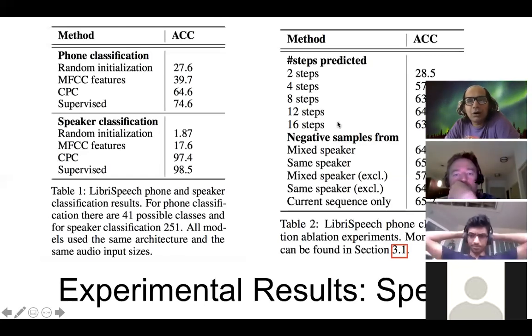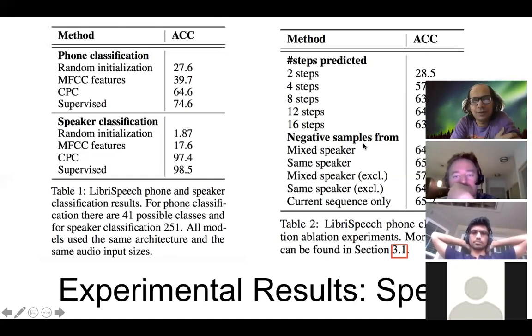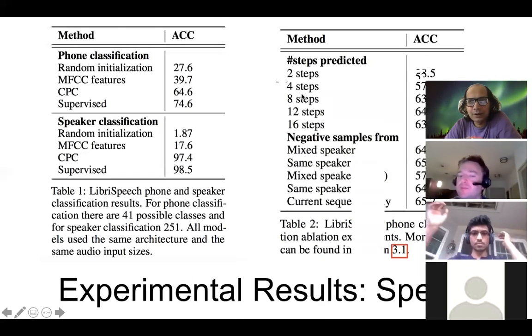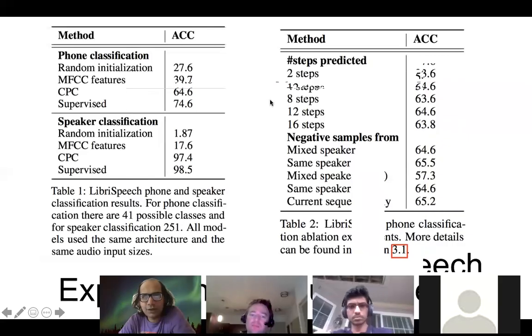So on the right side, they have tried to show how many future steps is good enough for getting good CPC representation. Here, first they tried to predict 2 future steps and got 28.5% accuracy.